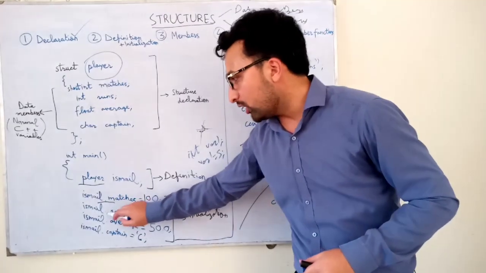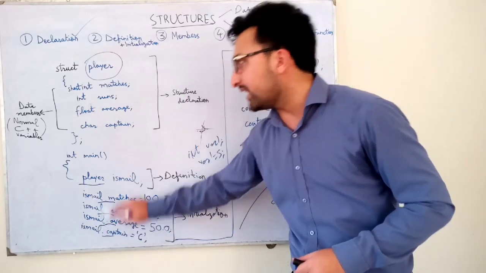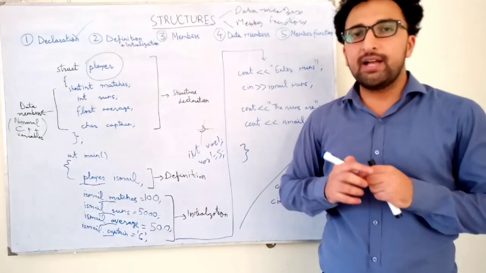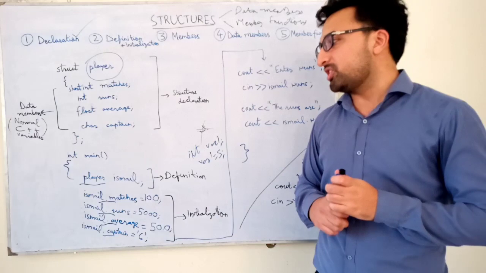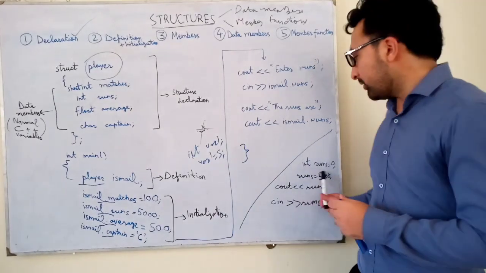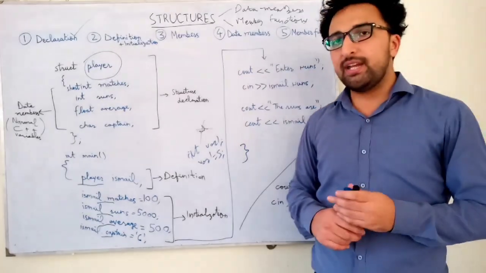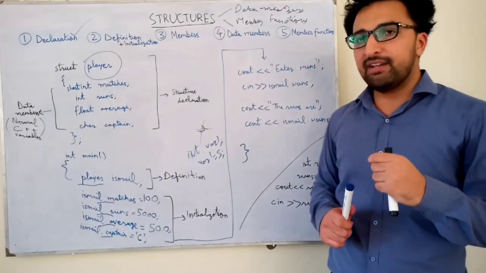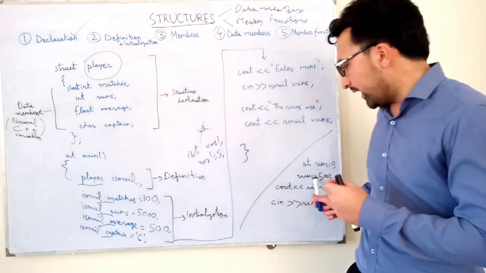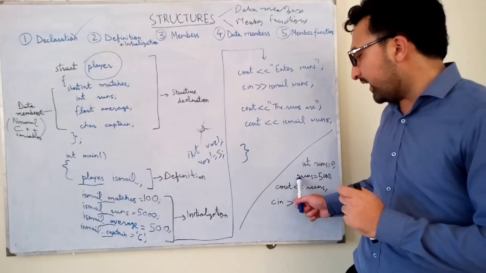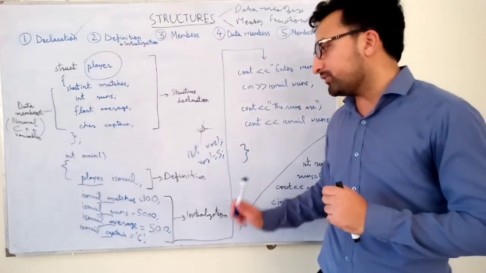This is the dot operator that is used to access the data members or the member functions of the structure. A normal variable does not need a dot operator to be initialized, it can just be initialized, runs equals 0 or var1 equals 5.